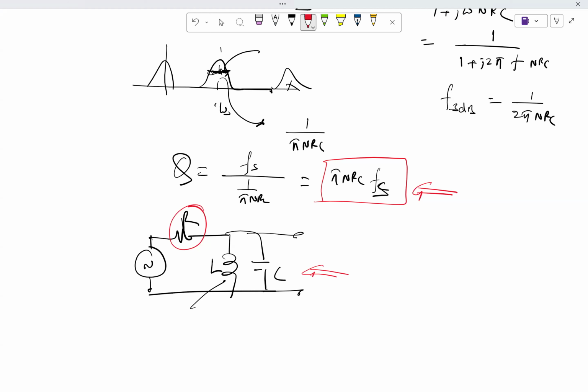You'll see that it is independent of F0, which essentially means that if you increase F0, your bandwidth increases, which might be good, might not be good. But for a bandpass filtering application, that's not good, because I want sharp, narrow bandpass filtering at any frequency of interest. Just because I move the center frequency, the bandwidth increases, and that's not good.